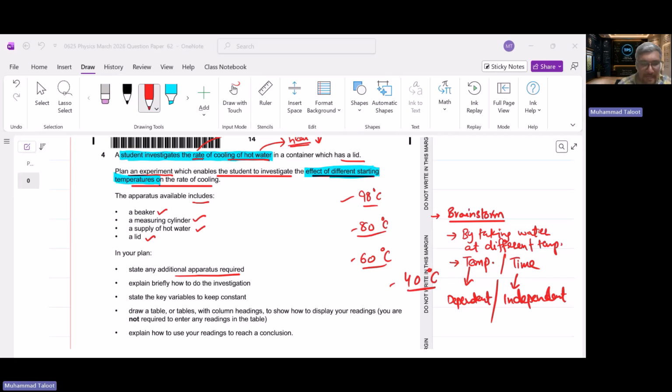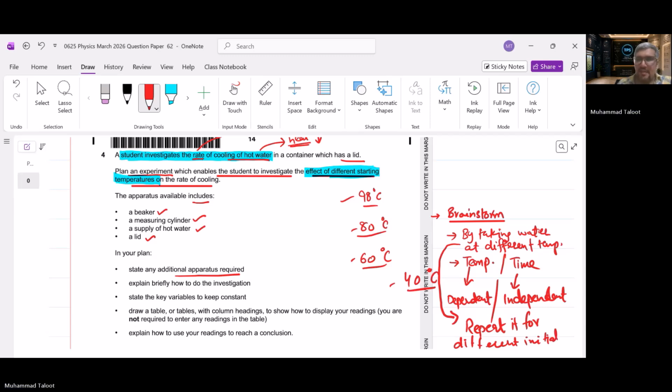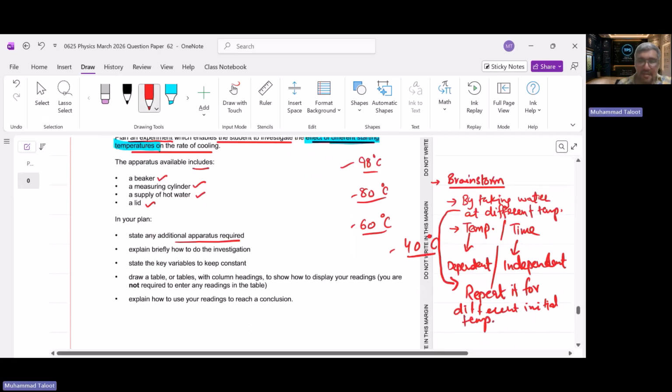Moving to next, you have to repeat it. Repeat in the sense that you will repeat this experiment for different initial temperatures. So you can either brainstorm like this, or the other way around.